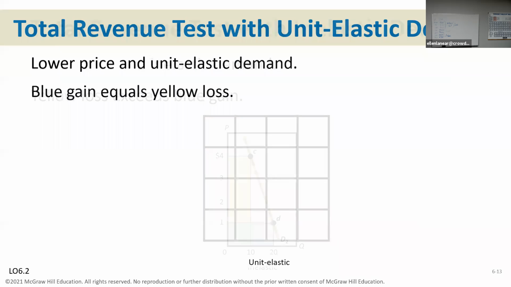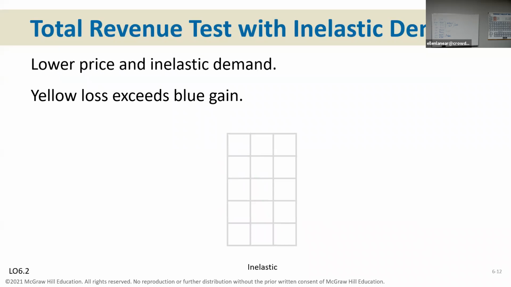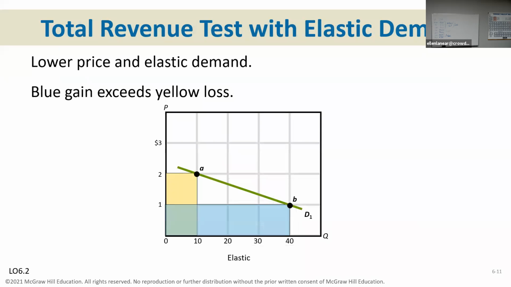Looking back at the total revenue test, this just looks at demand curves. With elastic demand at $2, a quantity demanded of 10 would be a total revenue of 20. Reduce the price to $1 and sell 40 units, that would be a total revenue of 40. So obviously they gained more by reducing the price. If it's elastic, reduce the price, get more revenue.